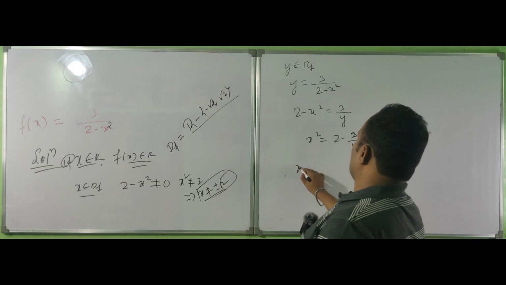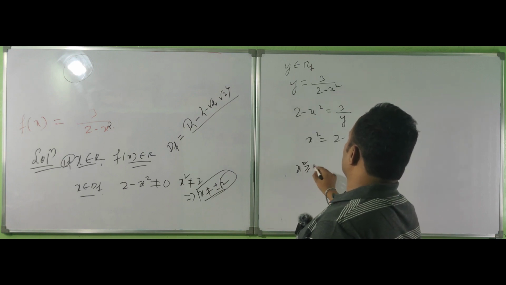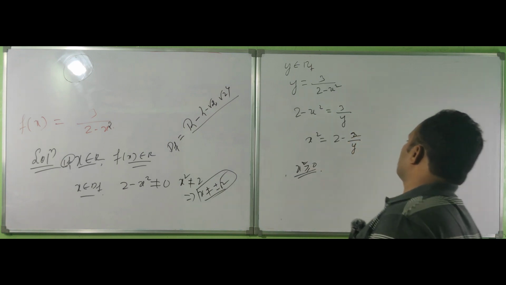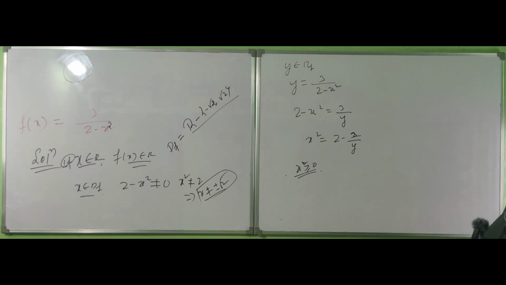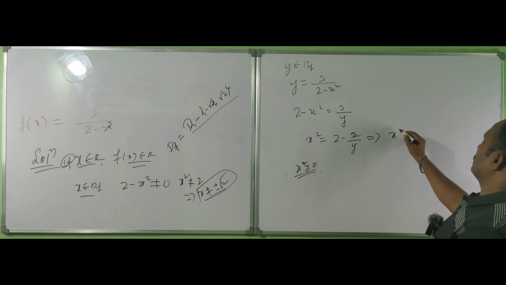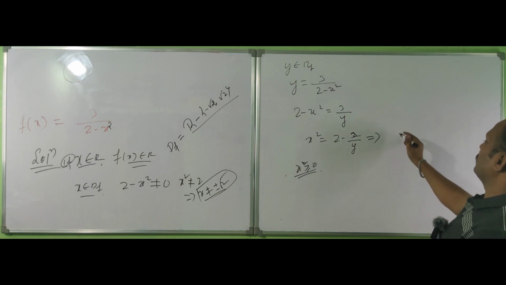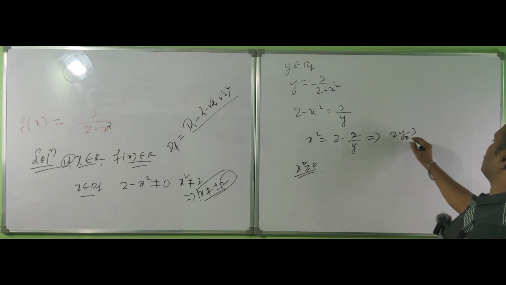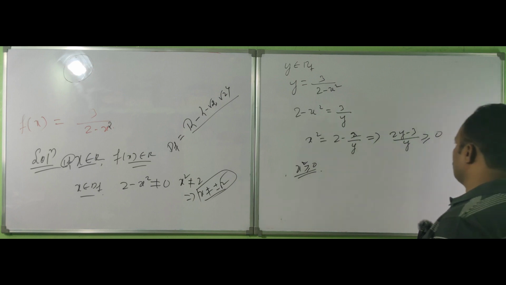Already you know x square is greater than or equal to 0. This implies 2y minus 3 divided by y is greater than or equal to 0.